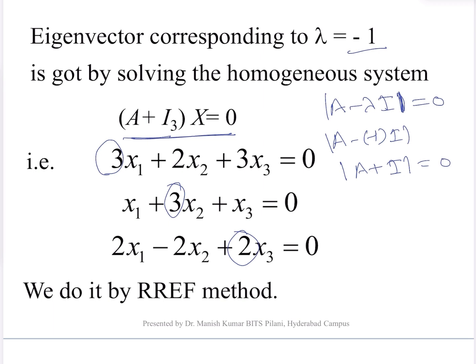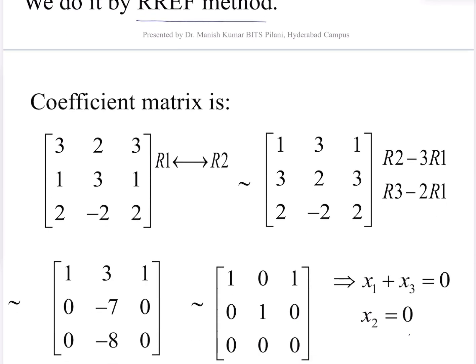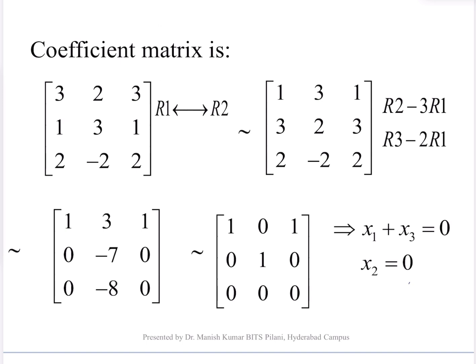Now we have to solve this system using the RREF method, reduced row echelon form. So we have the rows 3 2 3, 1 3 1, 1 2 -2 and 2. First of all, we target the first row, first column element, which is not 1. We need 1, so we look for a row having 1 and swap it: R1 and R2 swap.